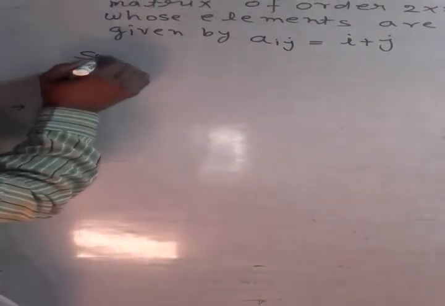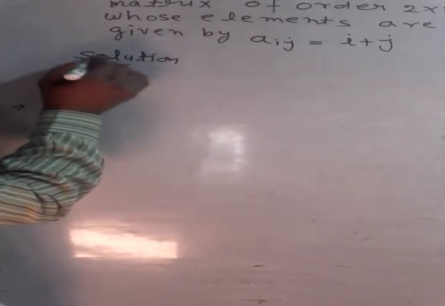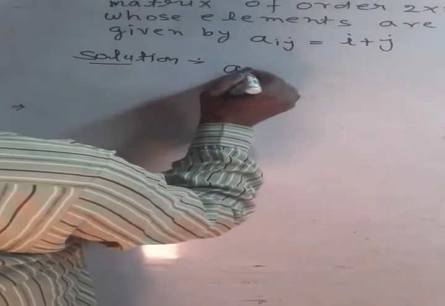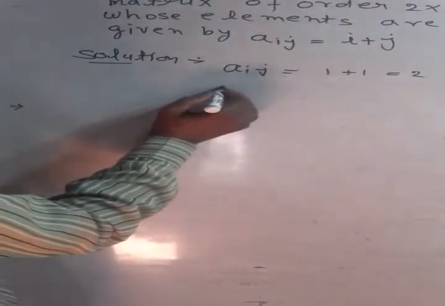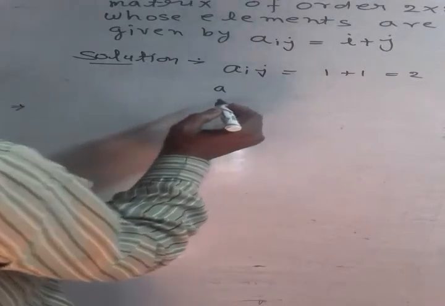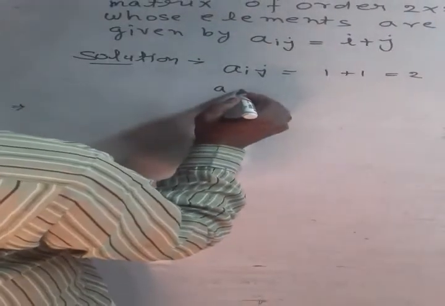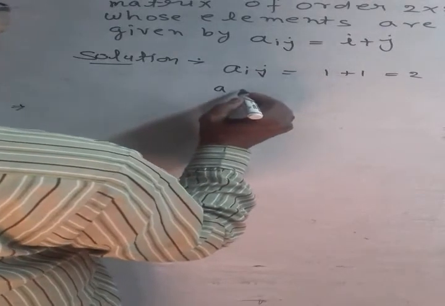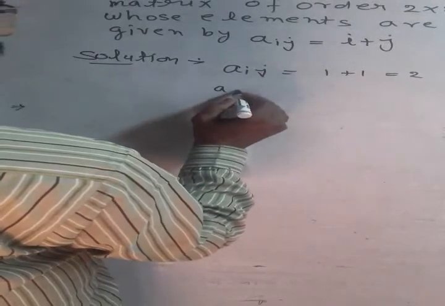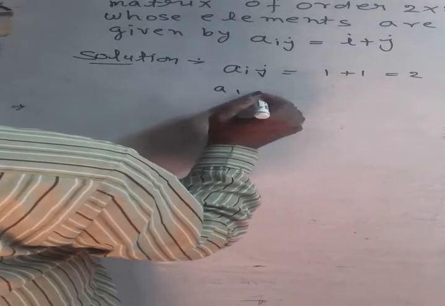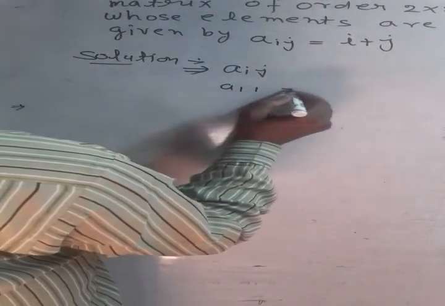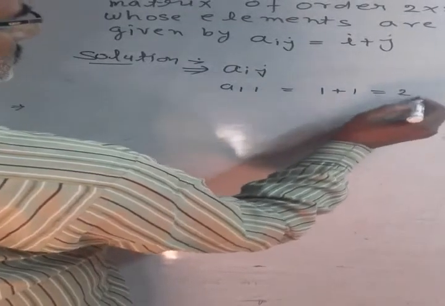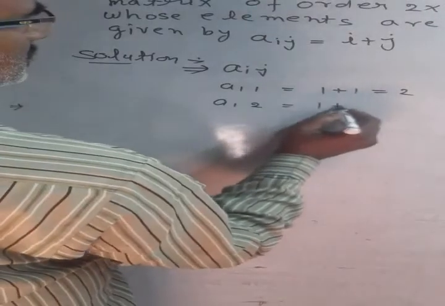Solution. A11 equal to 1 plus 1 equal to 2. A12 equal to 1 plus 2 equal to 3.